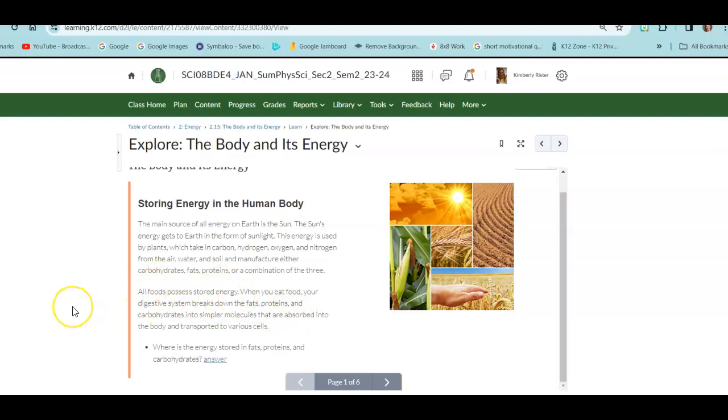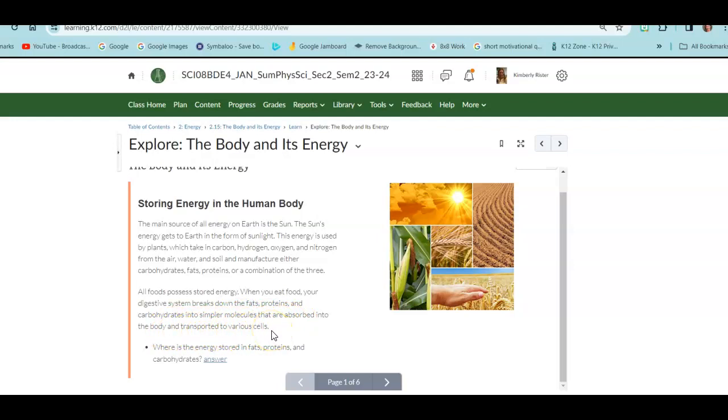When you eat food, your digestive system breaks down the fats, proteins, and carbohydrates into simpler molecules that are absorbed into the body and transported to various cells. So the first question that we're looking at for guiding questions is what happens when you eat food? So here you go. When you eat food, your digestive system breaks down the fats, proteins, and carbohydrates into simpler molecules that are absorbed into the body and transported to various cells.